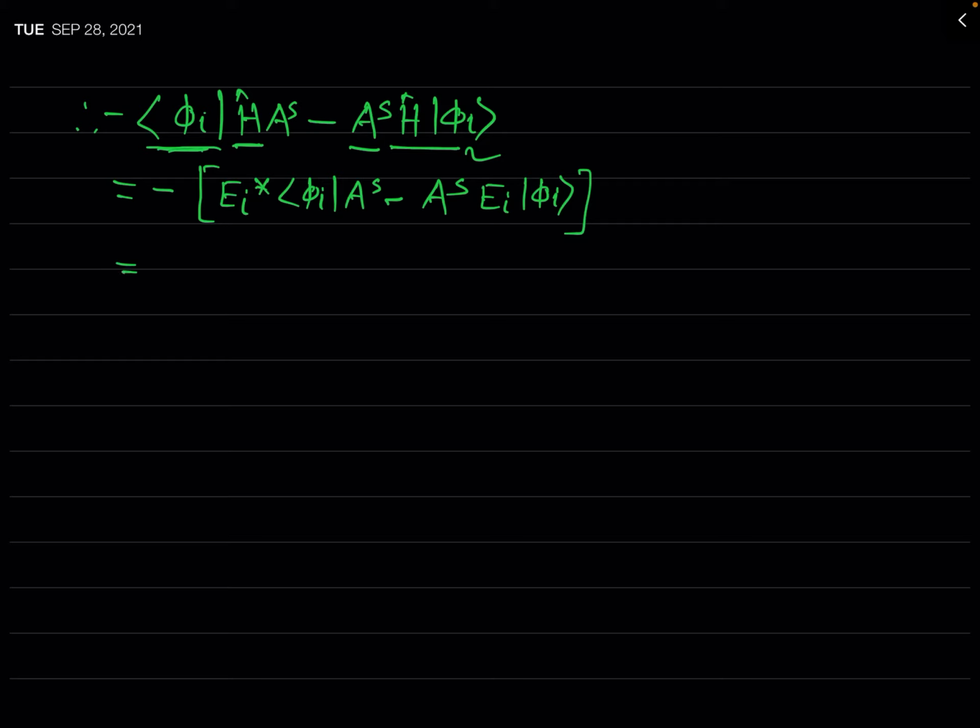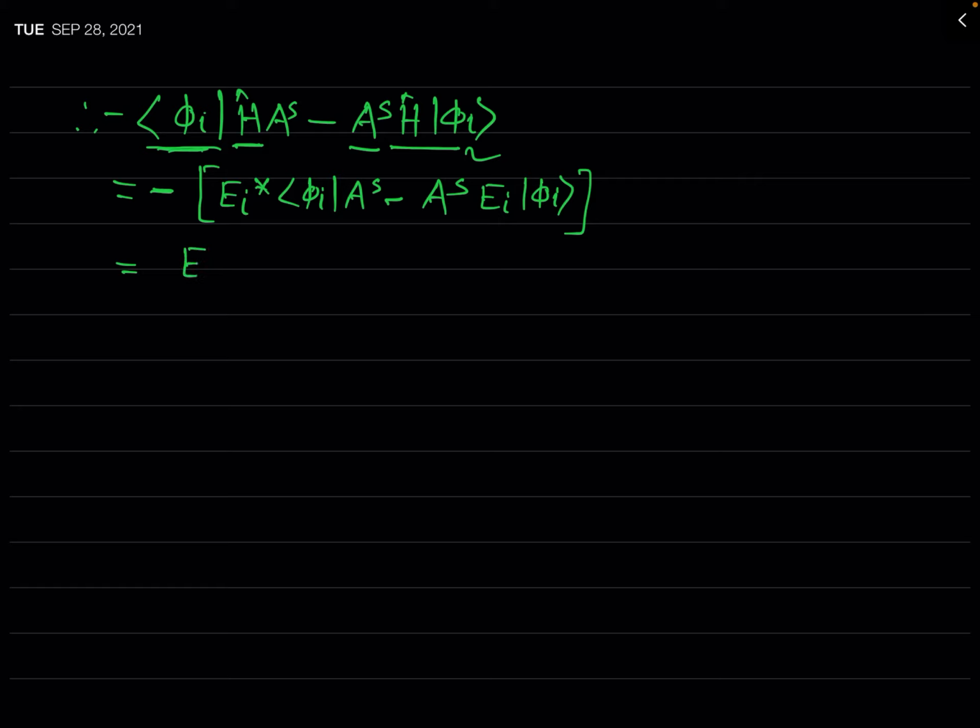So now let us see here. In this equation, when this minus is imposed inside the terms in the bracket, the second term will become plus and the first term will be minus.